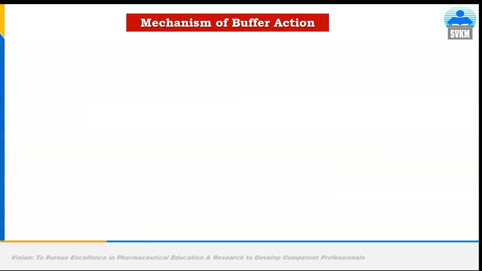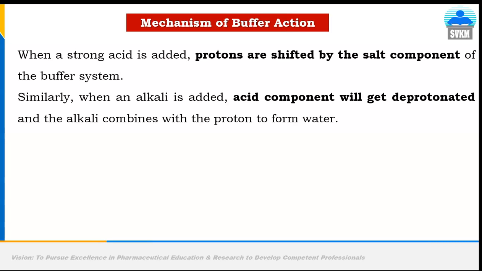Then mechanism of buffer action. What is the mechanism? How does a buffer solution resist change in pH? When a strong acid is added, for example hydrochloric acid, protons are taken up by the salt component of the buffer system, and similarly when an alkali is added, for example sodium hydroxide, the acid component gets deprotonated and the alkali combines with the proton to form water.